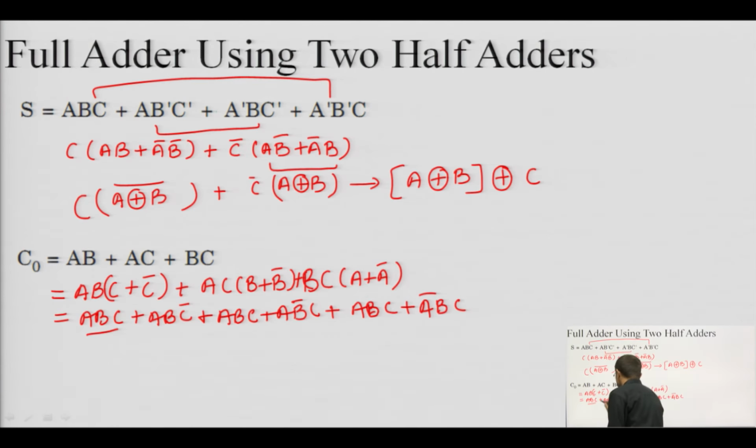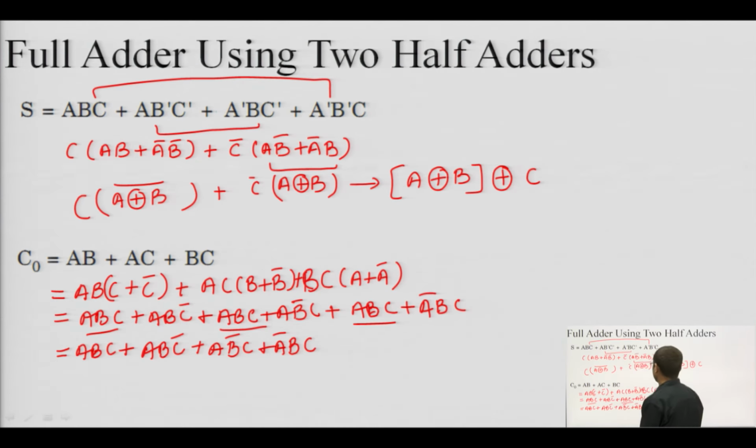So, this A B C, A B C, A B C, these are all common, so I am replacing them with a single term A B C. And then writing the other terms: A B C bar plus A B bar C plus the last term A bar B C. From this we have to take the terms common wherever we can.